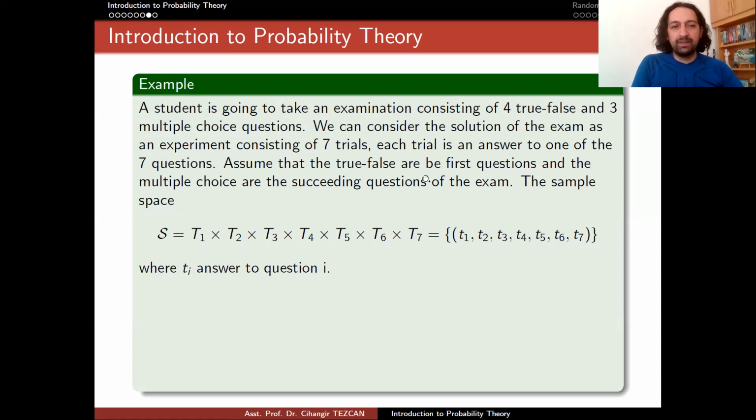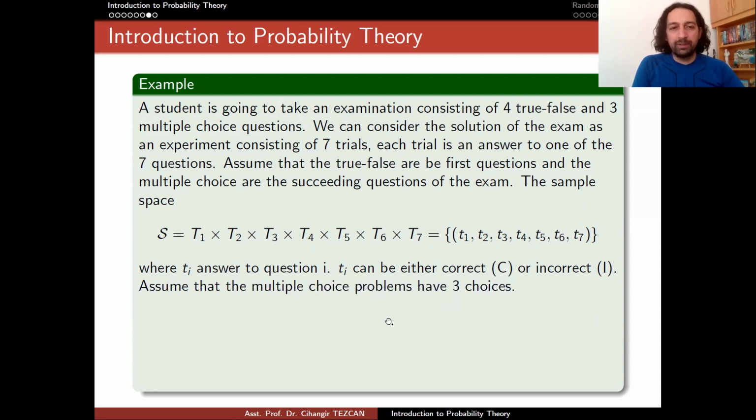The sample space then will be S equals the multiplication of 7 sample spaces, T1 to T7, and any outcome corresponds to these sample spaces where Ti is the answer to question i. So Ti can be either correct or incorrect in our example, because your answer to a question can be correct or incorrect.